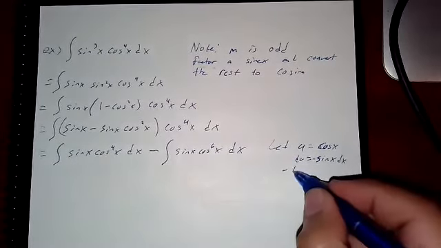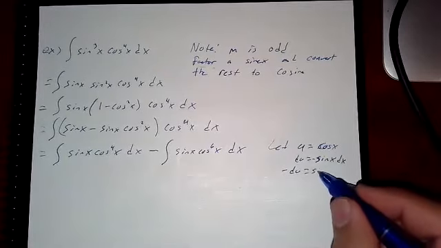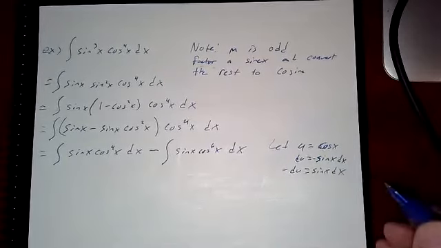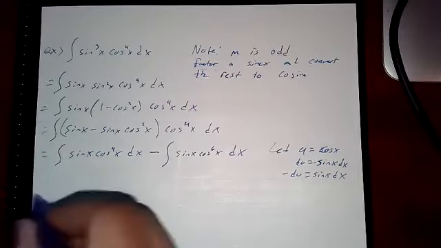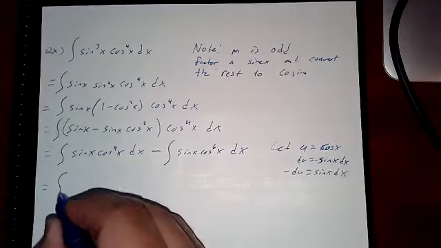So negative du is equal to sine x dx. So you see why we set this up this way, right?